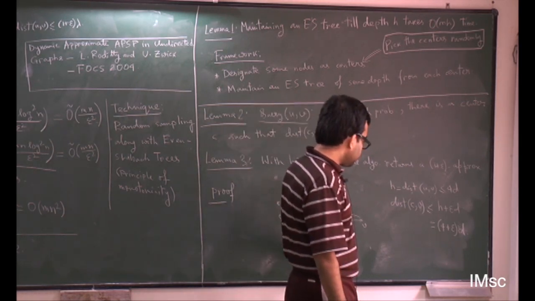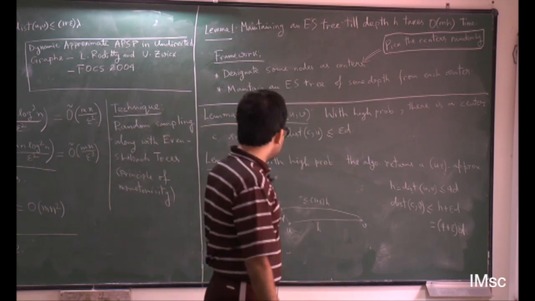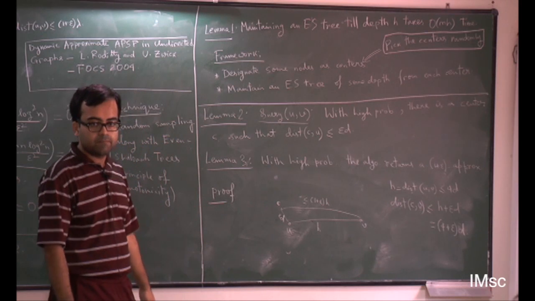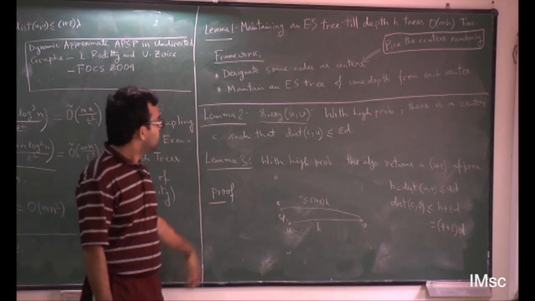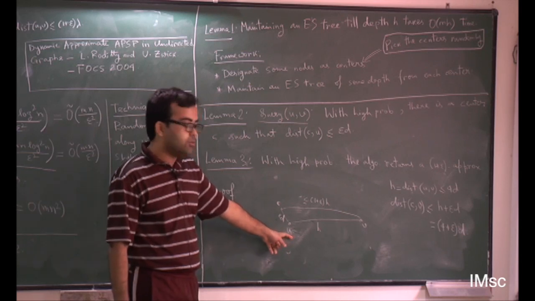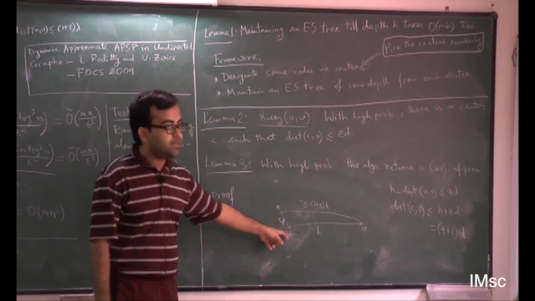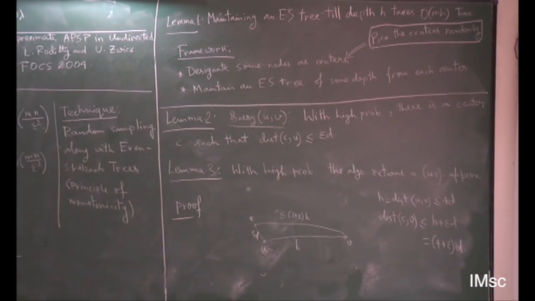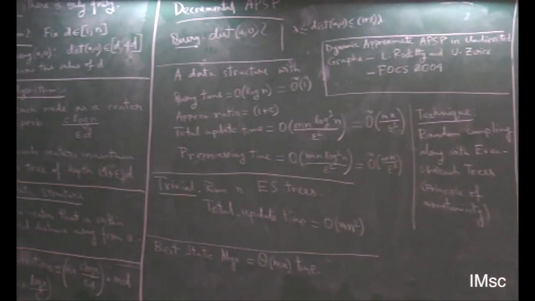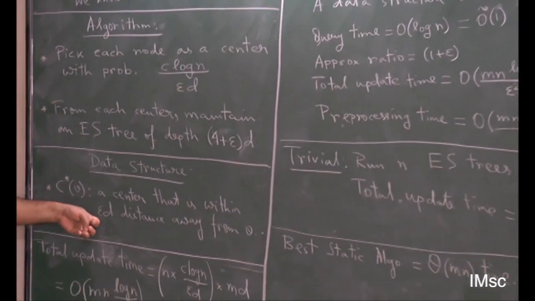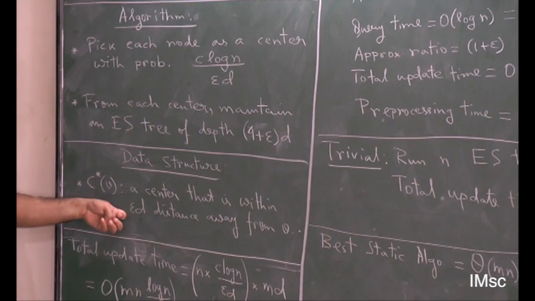Now, how will you answer the query? When this query comes, you just pick any one node u and then just probe the data structure. So, recall that in the data structure, for u, you are maintaining the center that is within epsilon d distance away from u.